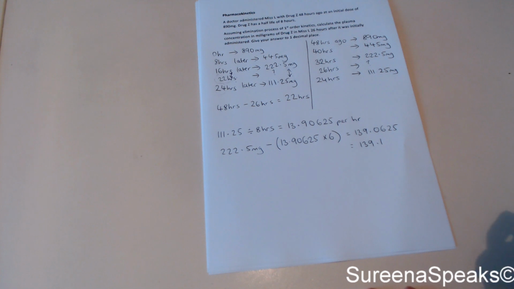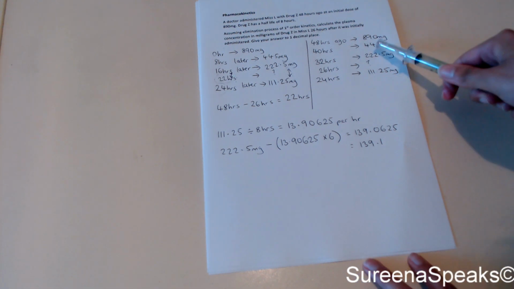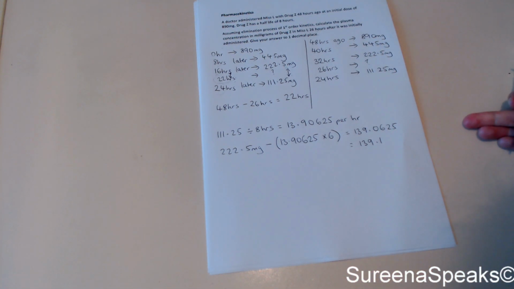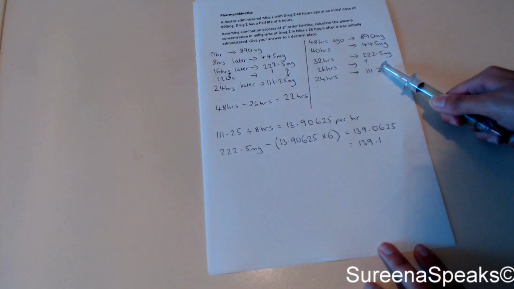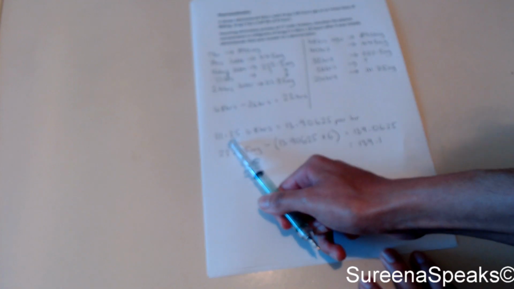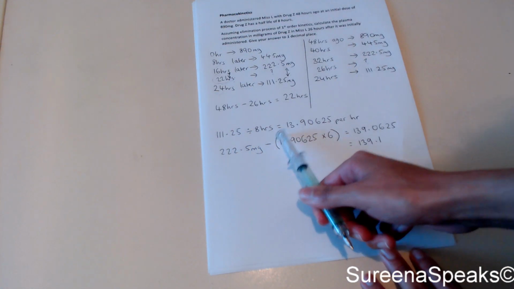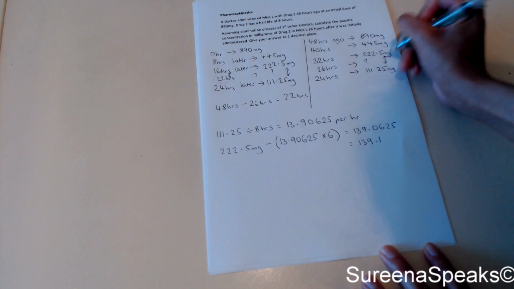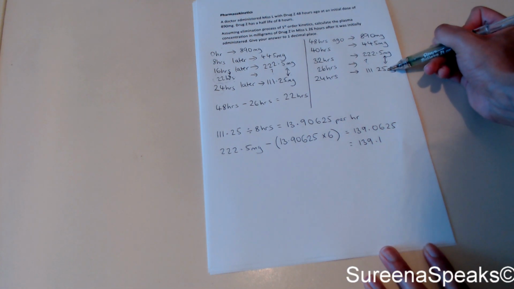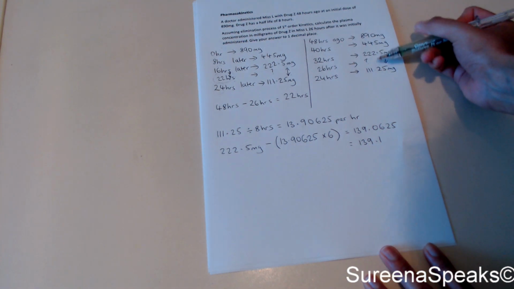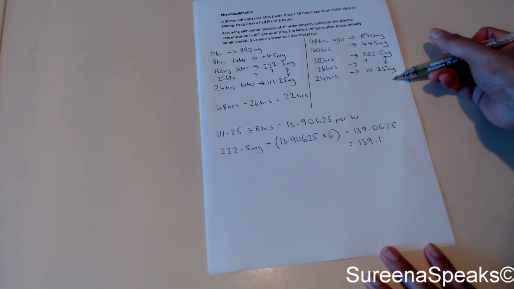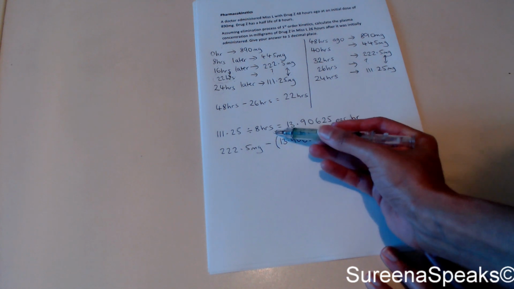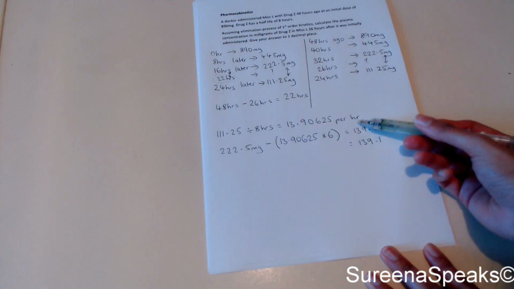Now, if you wanted to think of it with this approach, it's the same thing. Again, you're going to be working out what is per hour. So again, you're still going to think of 111.25 divided by 8 hours, because that's how many hours there are between, well, when it dropped from 222.5 milligrams to 111.25. Divide that by that 8 hours to get our answer per hour.